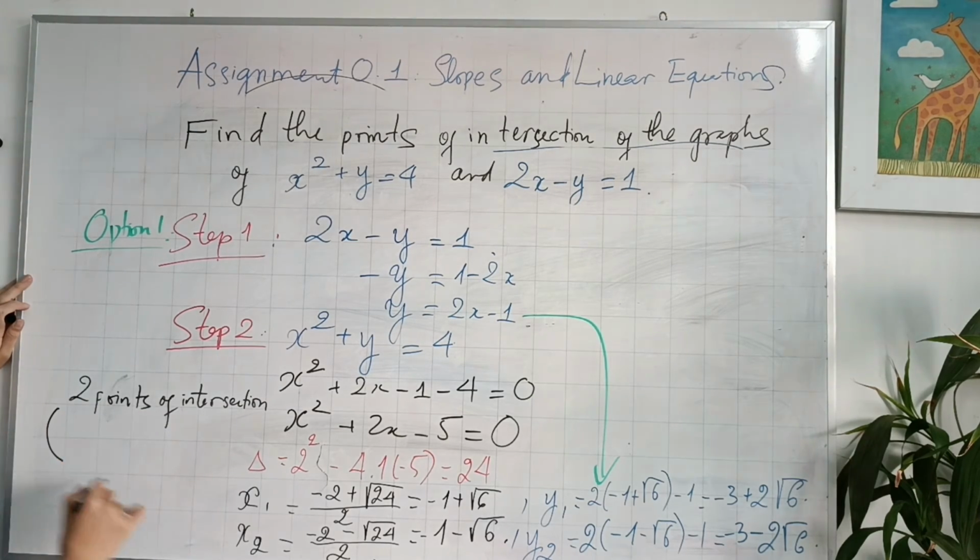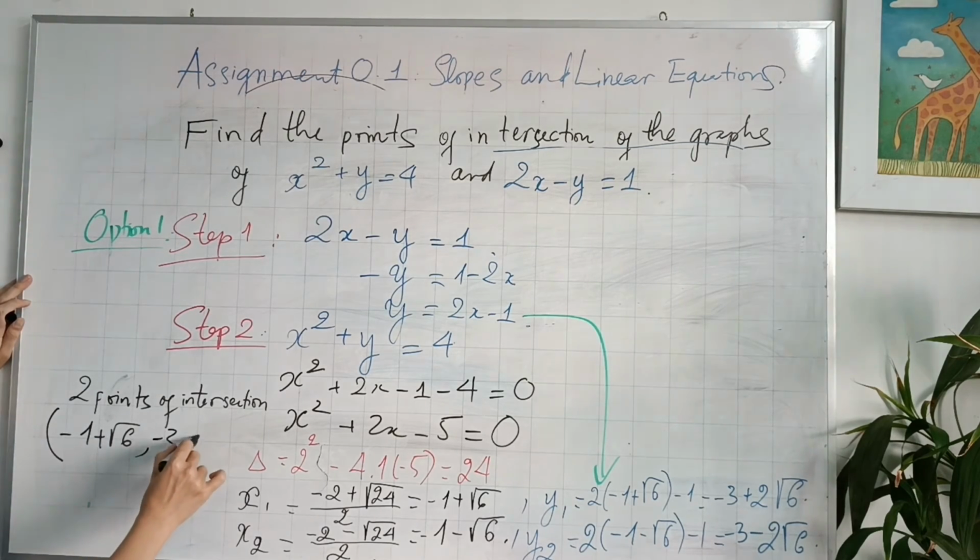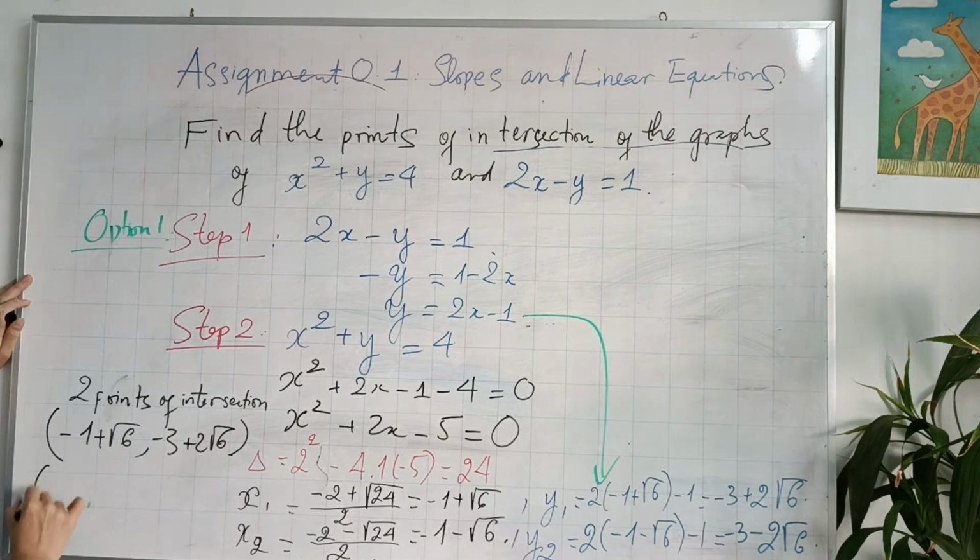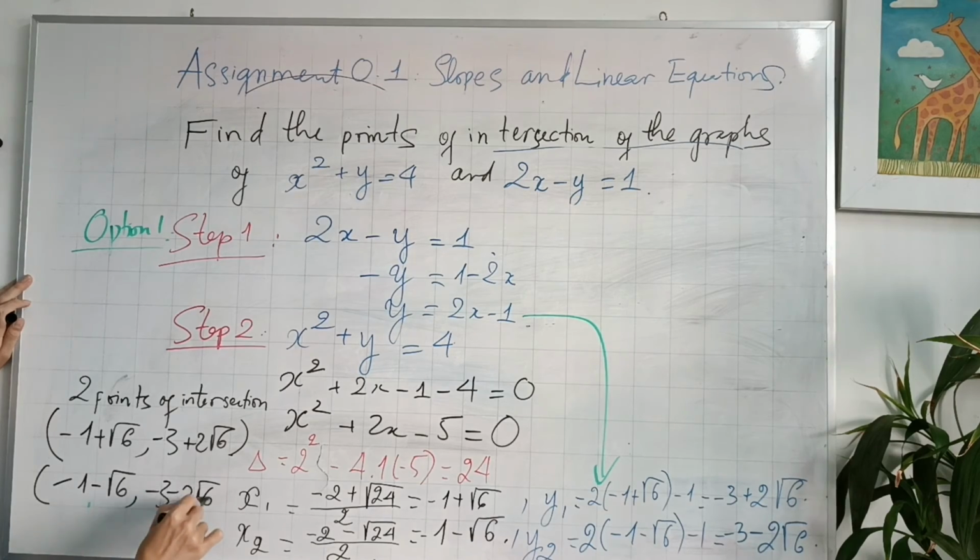The first one is negative 1 plus square root of 6, negative 3 plus 2 square root of 6. And the second one is negative 1 minus square root of 6, and negative 3 minus 2 square root of 6. This is the last answer.